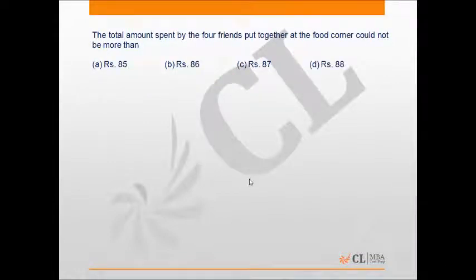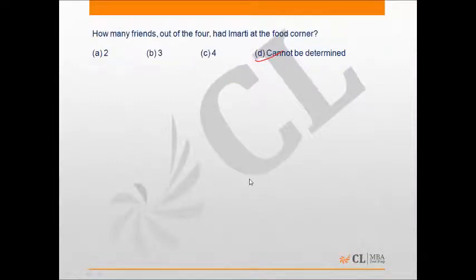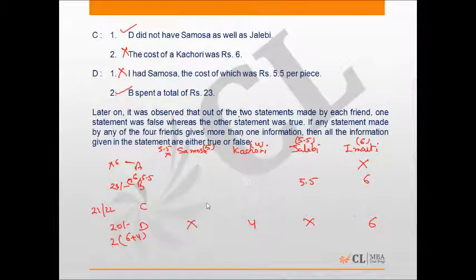Next is the total amount spent by the 4 friends put together could not be more than. So you have to find the maximum value of this. Two values we already know, they are 20 and 23, right? So to maximize this, I can have 22. So for 22, we should have 5 and 6. That means this and this.